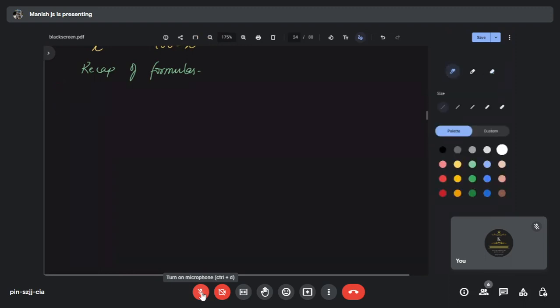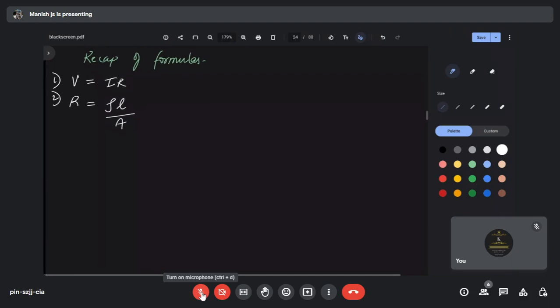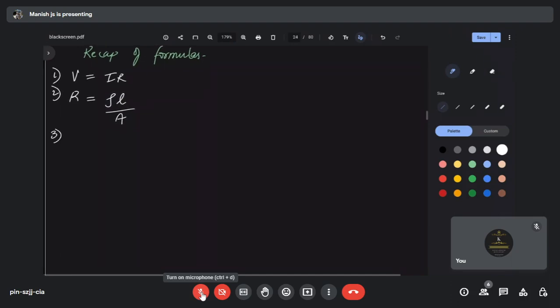So Ohm's law formula pathina is V is equal to product of current, resistance. Second one, factors affecting the resistance of a conductor, length and area of cross section with resistivity. அது ஒரு formula இருக்கு. So R is equal to rho into L upon A.